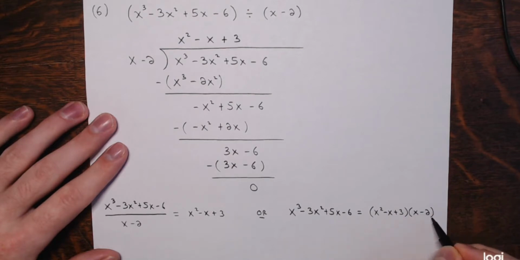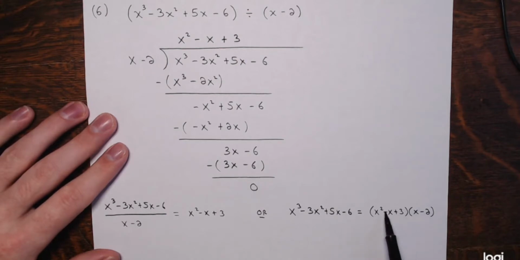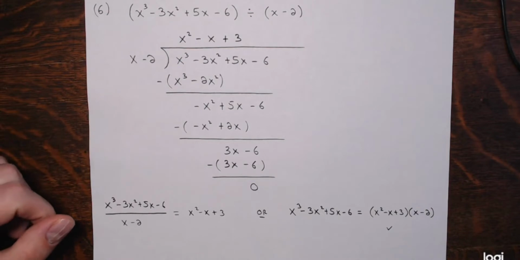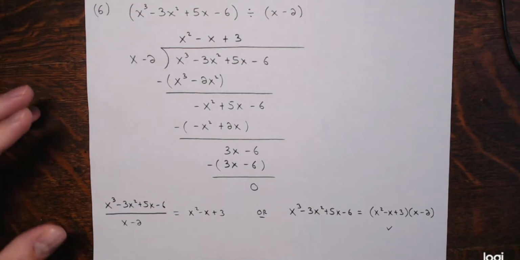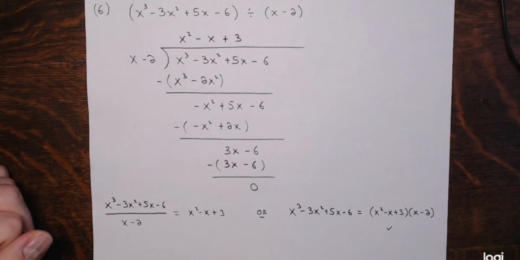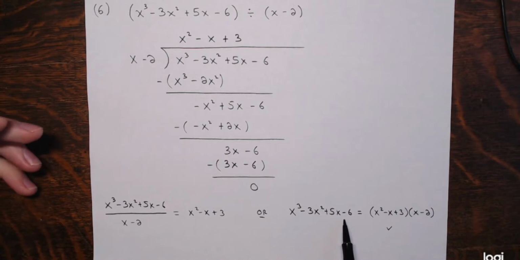Right. And again, you can check this on your own. Distribute the x, distribute the negative 2. You should get the same terms. It should be the same. All right. Now I hope you see where this is going. In an earlier chapter we talked about factoring polynomials, and usually when there was a degree 3 polynomial like this with 4 terms, we tried to factor it by grouping.